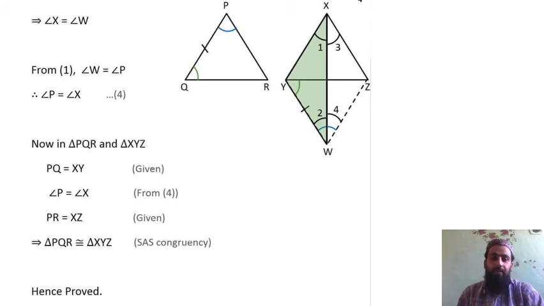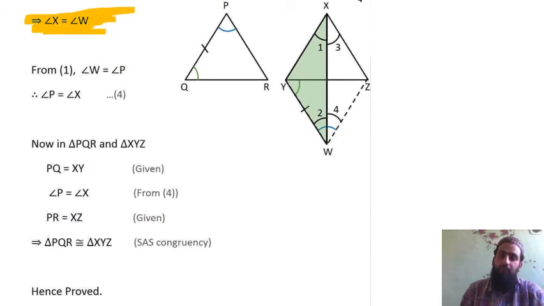In this slide, you can see that I started from here, angle X equals angle W, which we proved just now. This angle X and this angle W are equal to each other. But previously we proved that angle P and angle W are also equal to each other.